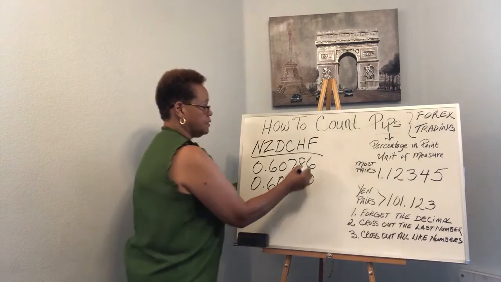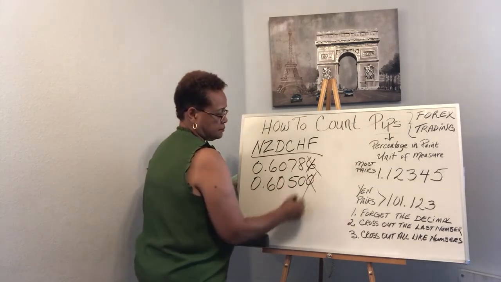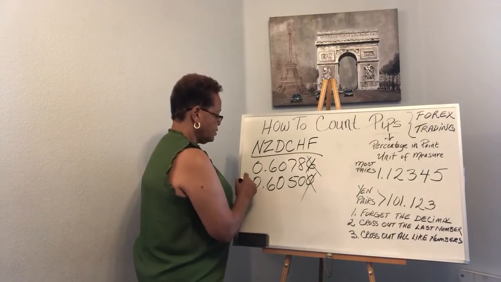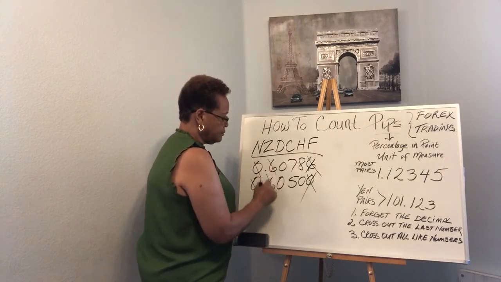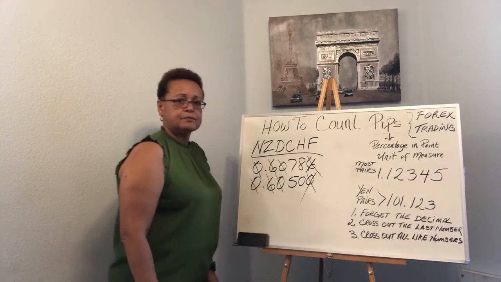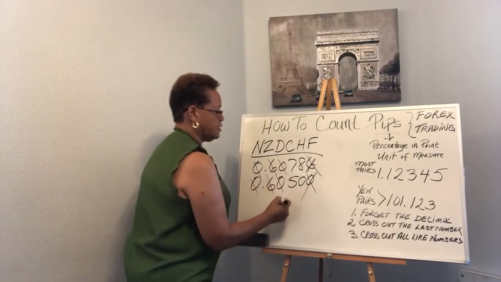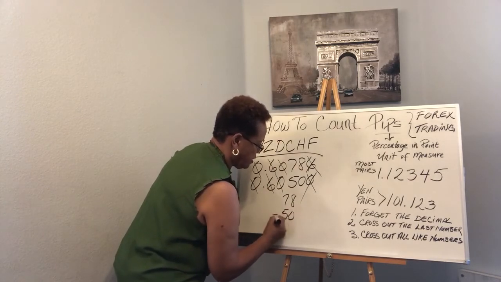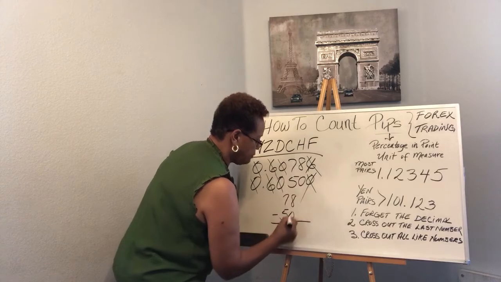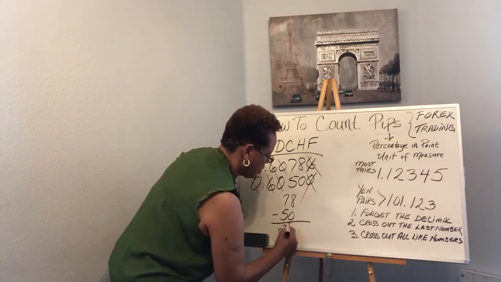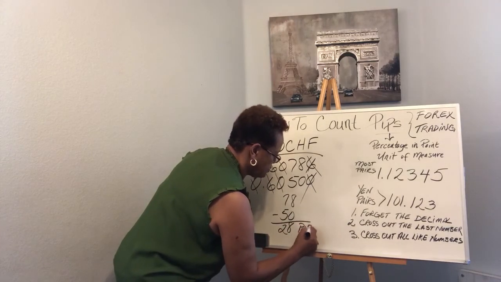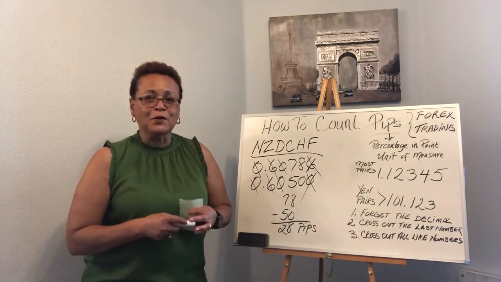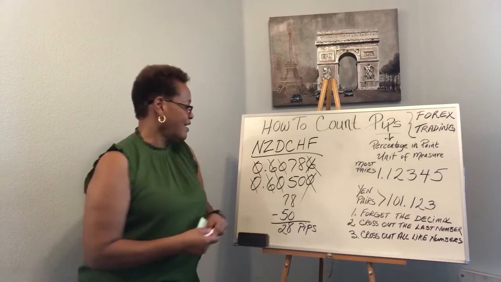So that's exactly what I'm going to do. Cross it out, forget about it, you don't really need it. And all like numbers. Now, I see I have 78 and I have 50. And I subtract, again, the bottom number from the top number, and I come up with 28 pips. That's it. So easy, right? I could do this all day.